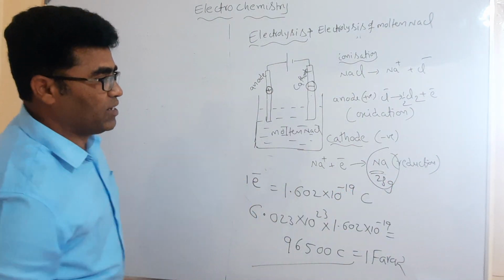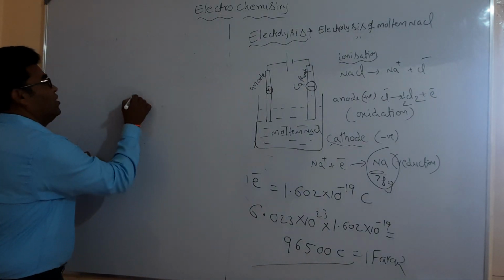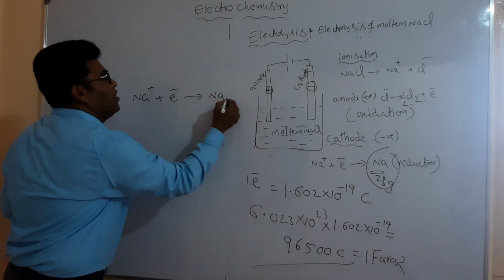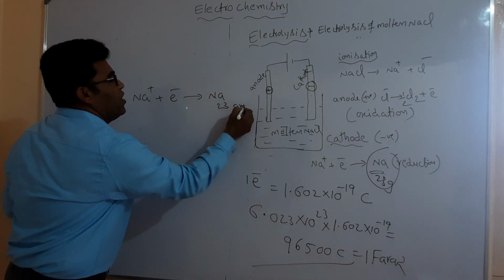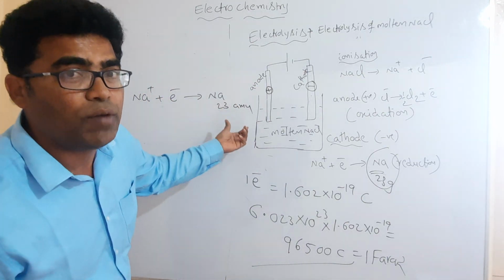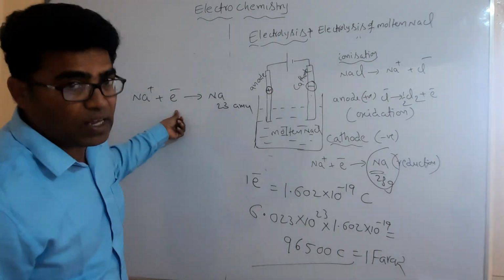I discussed this earlier. Na plus plus electron gives rise to Na, 23 AMU. For the formation of 23 AMU of sodium, one sodium ion has to gain 1 electron.